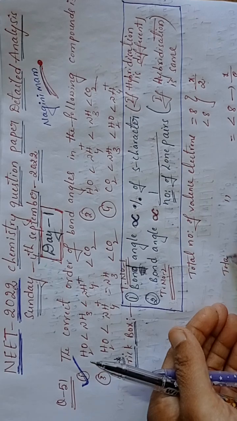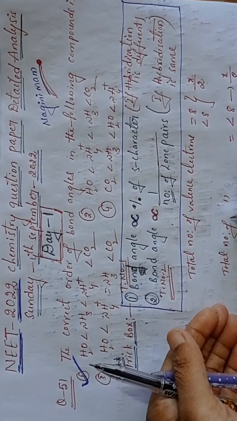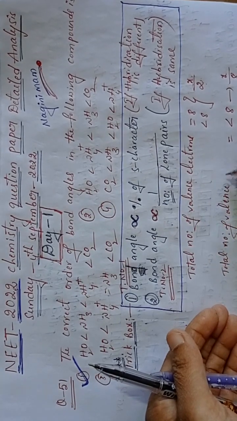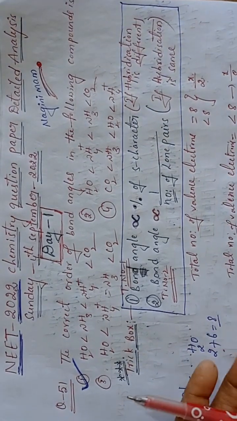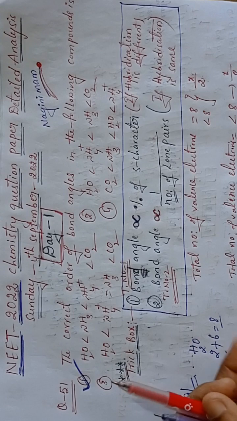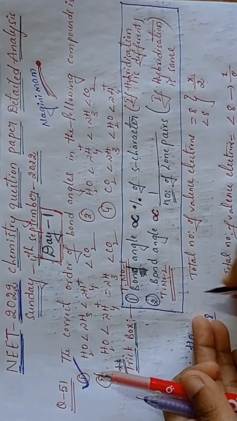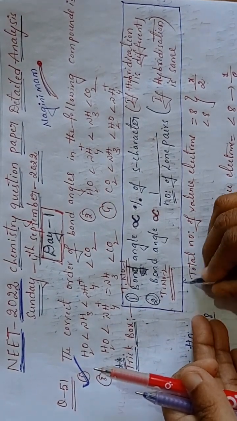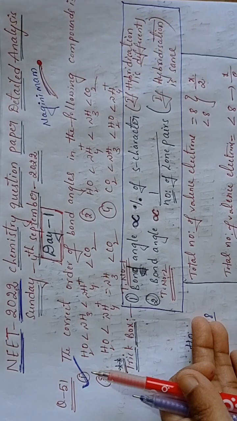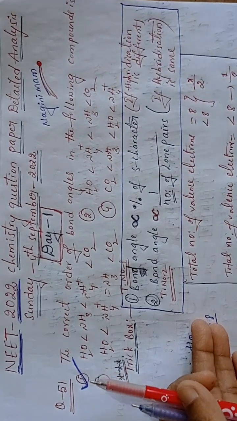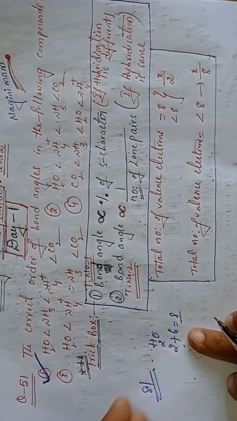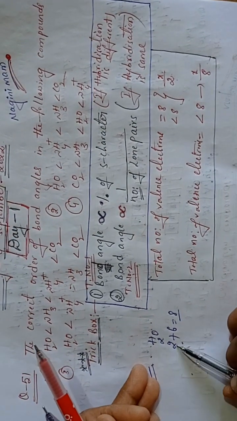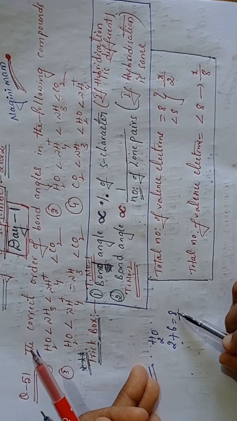Total number of valence electrons. In hybridization you have to remember this trick, then you can easily calculate. This is the trick to calculate the hybridization. Now I am going to calculate for water. Hydrogen 2 valence electrons, oxygen 6 valence electrons, total 8.